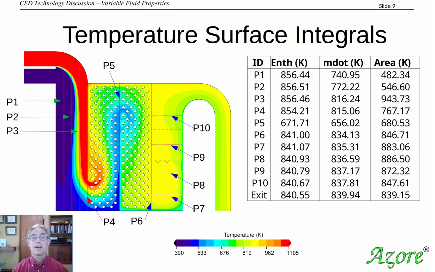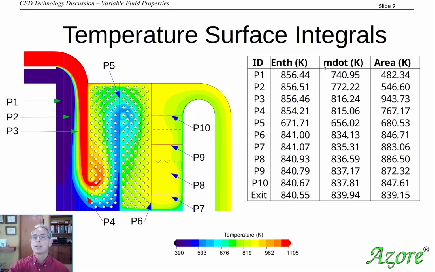For completeness, I've provided this table on the right that shows the actual values. One thing to note is that the energy balance method, this first column right here, predicted that the temperature at the outlet should be this number right here. Right after the tube bank, at P7, we're at a temperature of 840, which is what we thought it should be, and it remains at that temperature.